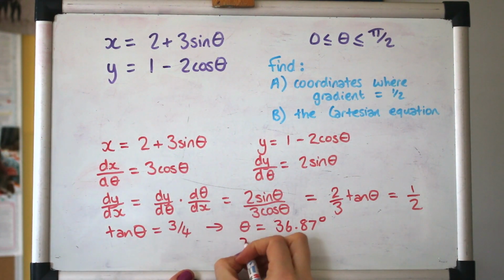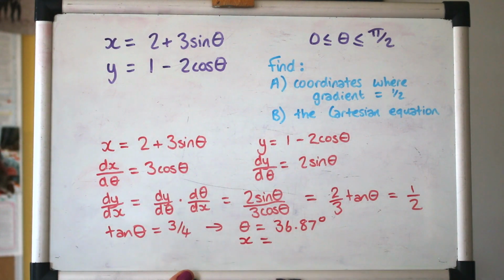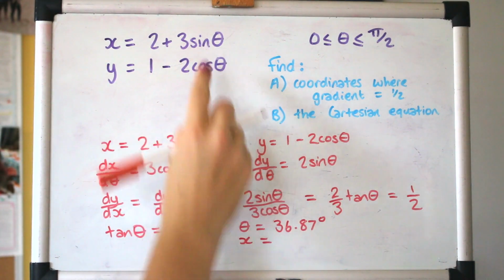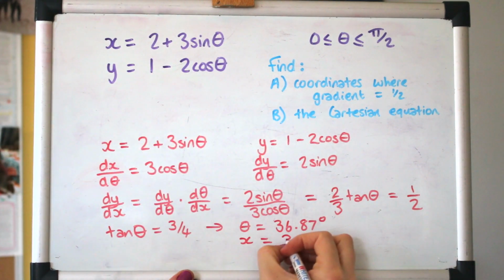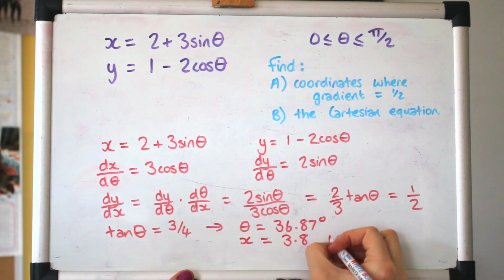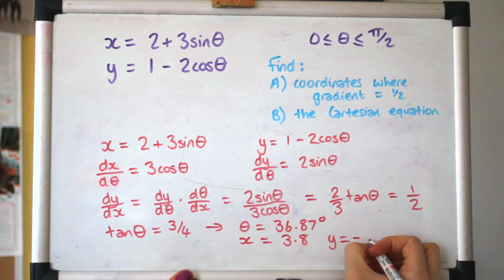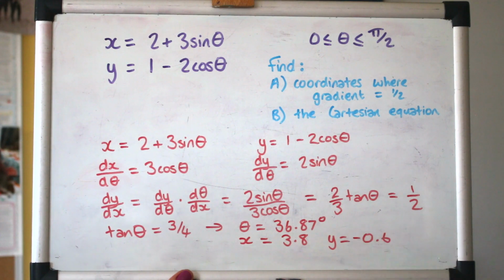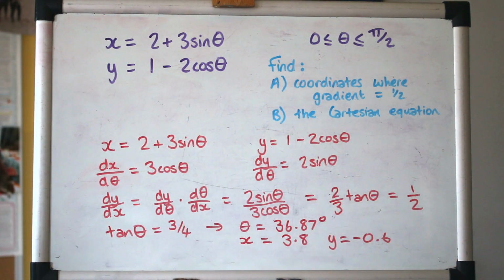But let's put these back into x and y to get the coordinates. So putting them back into these equations here, I get that x is 3.8 and y is minus 0.6. Brilliant! Well done if you got that.